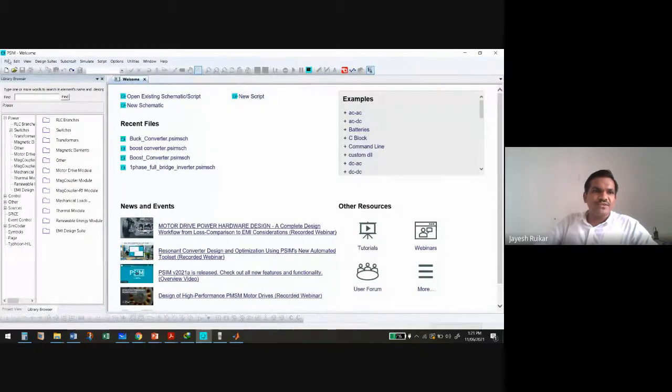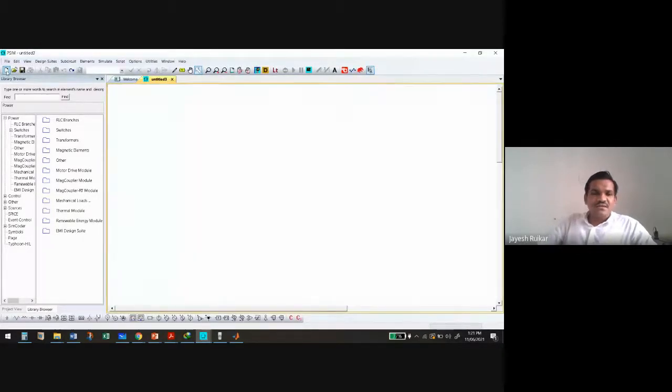Make a new file, and now I need a Vs. Here you can see the icon is there. This is your supply voltage.